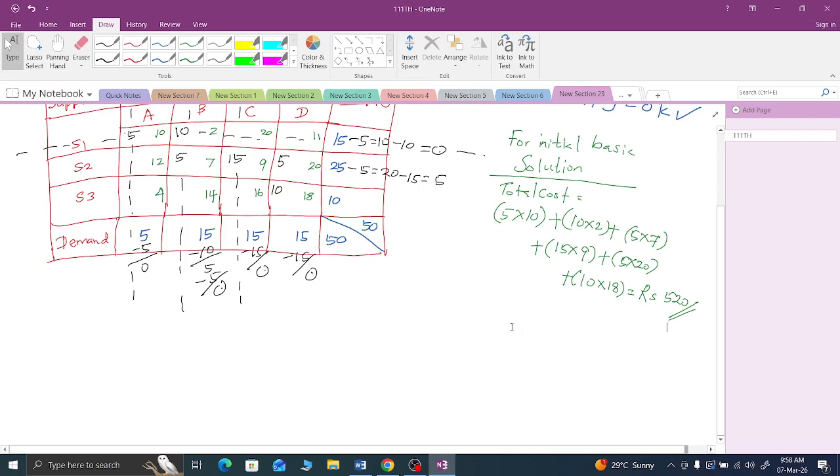One is the northwest corner method to find the initial basic solution. The other two ways are the Vogel approximation method and the least cost method, right? Those two methods I will explain later. Other than that, we are thinking about the optimality check.